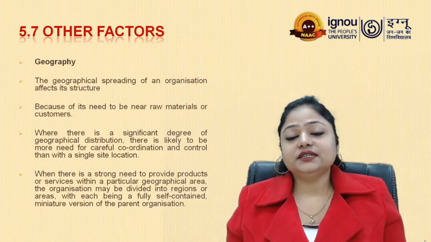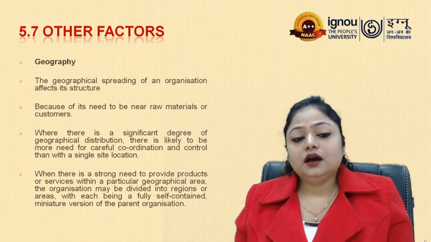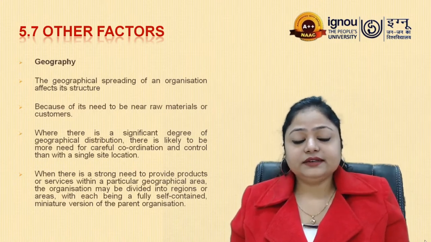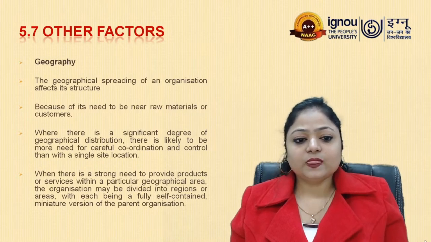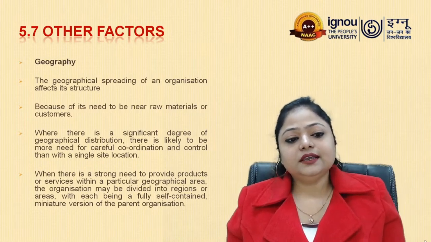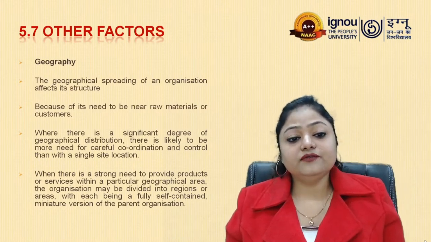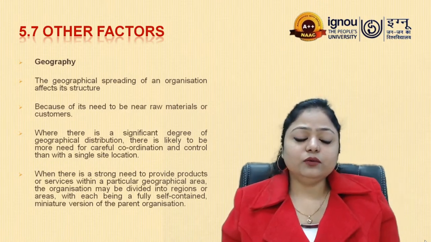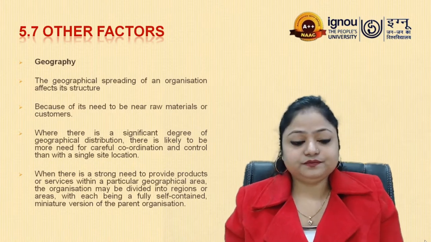The spread of an organization affects its structure because it needs to be near the raw materials or where it is getting its supply, and where customers reside. Where there is a significant degree of geographical distribution, there is likely to be more need of careful coordination and control than in an organization which operates in a single site location.